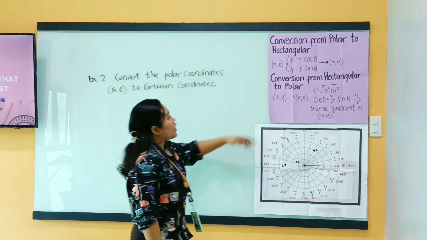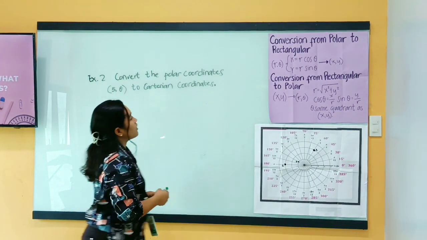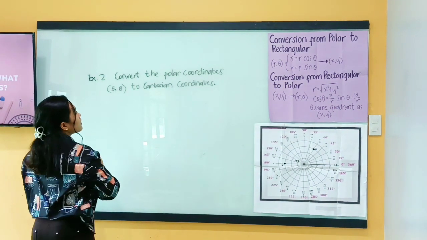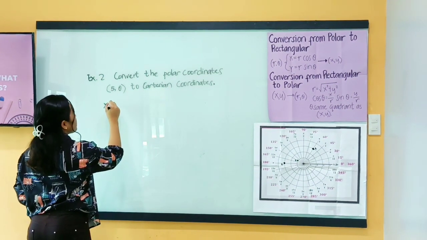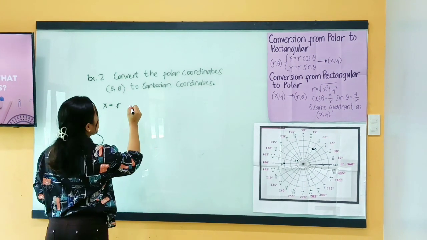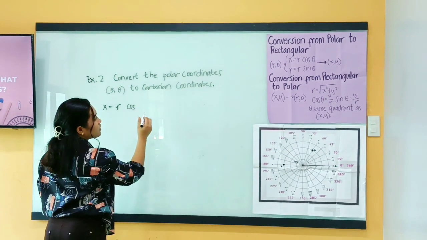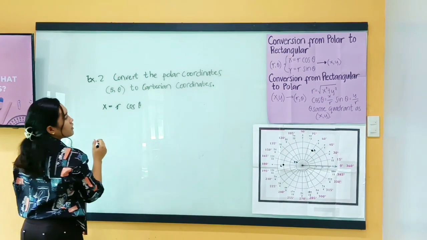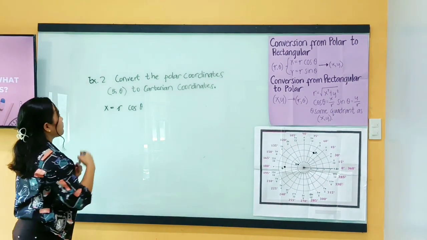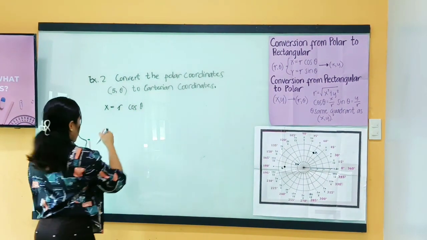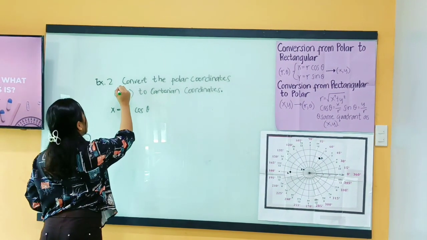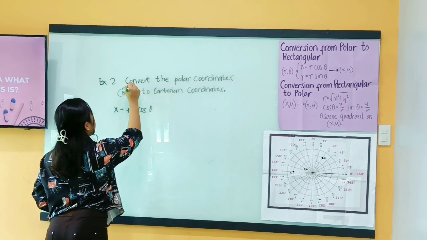So this is the formula we're going to use. x is equal to r cosine theta. So we substitute into this formula. This is the radial and this is the theta.